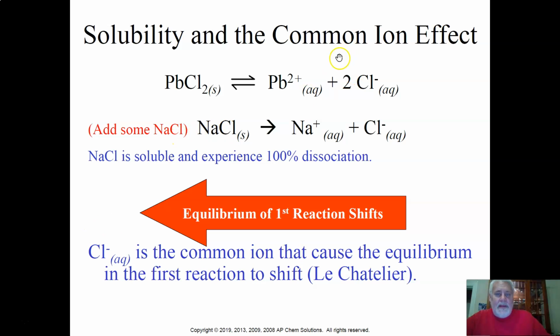What will happen next is we're going to talk about the common ion effect, and that is going to be saved for day 2 of this. So we finish lecture 2 right now, and we'll start with the common ion effect.